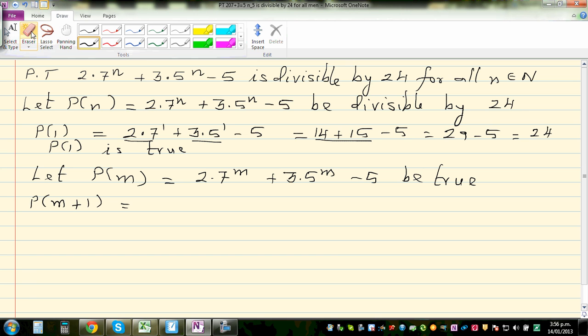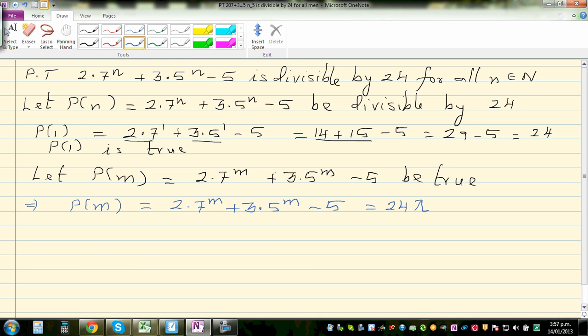Okay, now before that, we need to do one simplification. So this implies P of m, which is 2 times 7 to the power m plus 3 times 5 to the power m minus 5, is equal to 24 lambda.